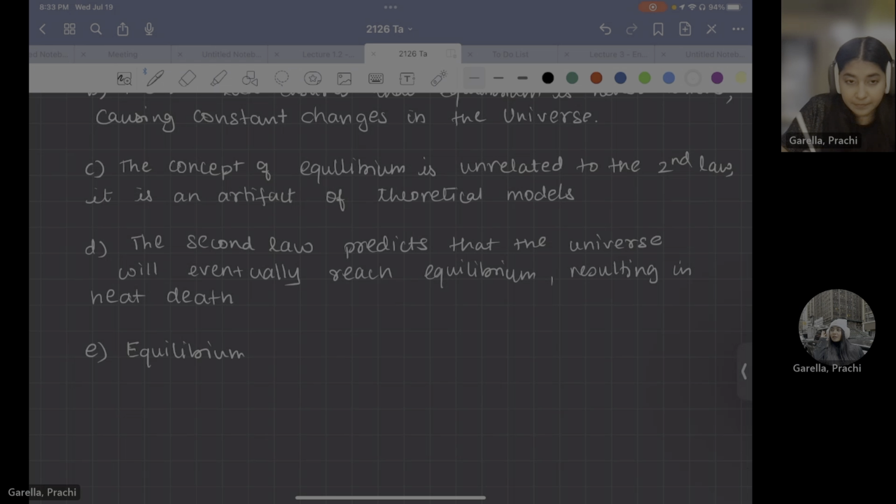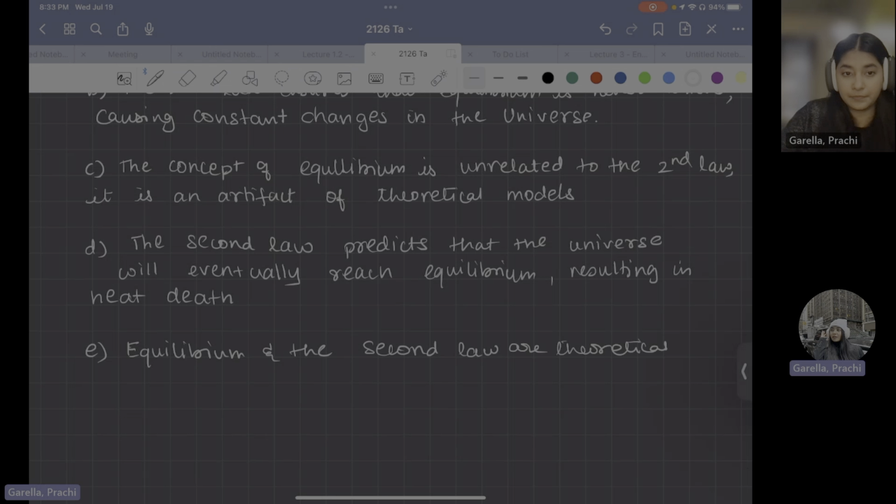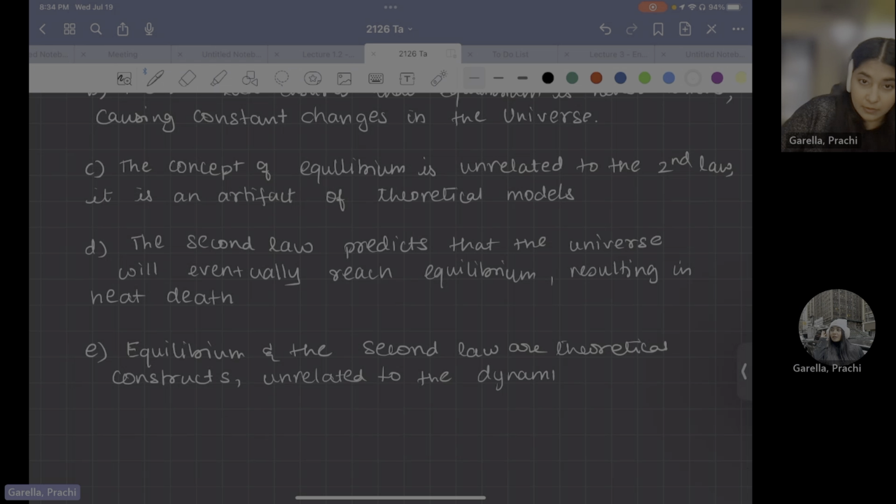And part E says that equilibrium and the second law are theoretical constructs unrelated to the dynamics of the universe.